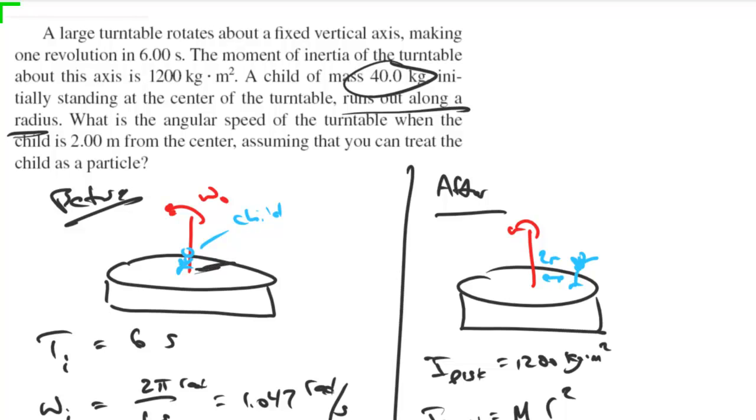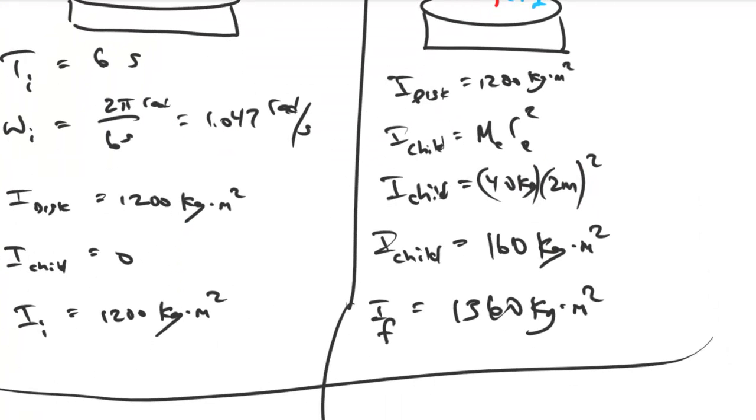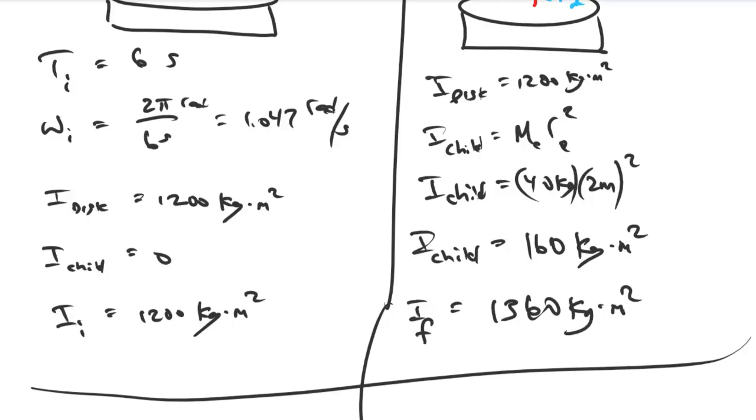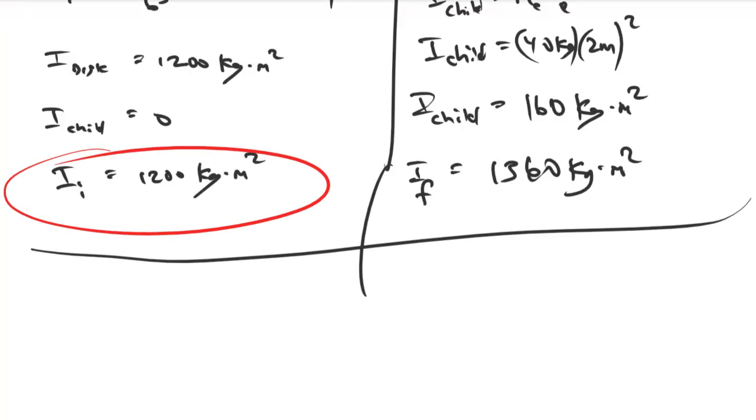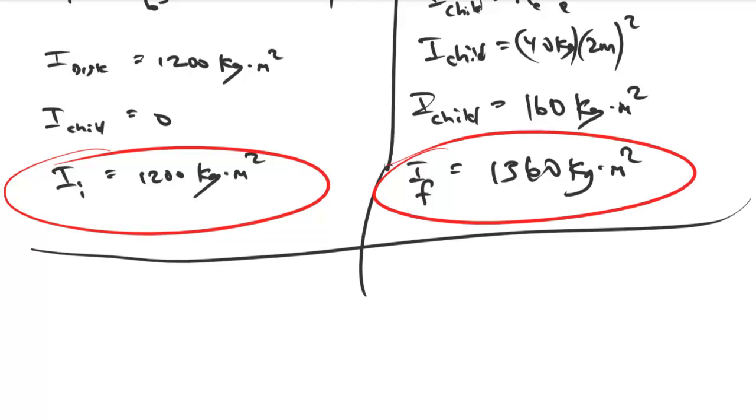Otherwise, if they kind of run to the side, then that'd be like applying an external torque to the turntable. But we don't need to worry about that quite so much here. So with this, we had some initial rotational inertia, and then we have some final rotational inertia.